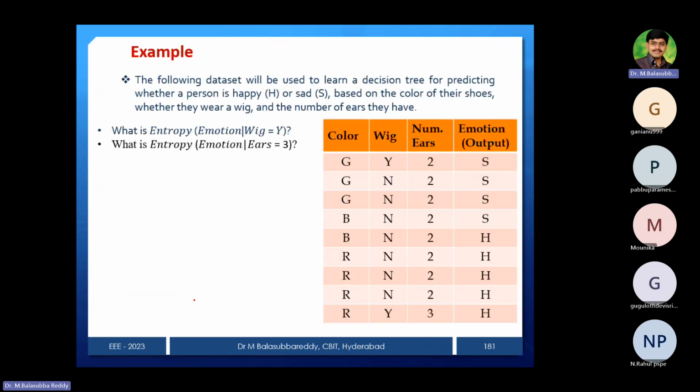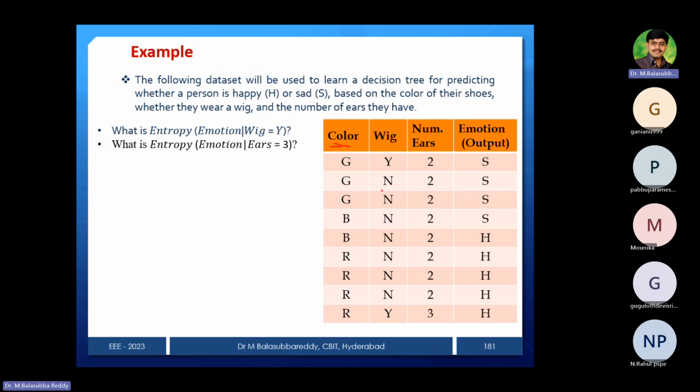Now we can solve a problem as an example, just to understand, and then we'll go for another problem as well. Our only intention is to understand how to draw a decision tree. Now, what is happening for the following data set? Color has different values: green, blue, red.